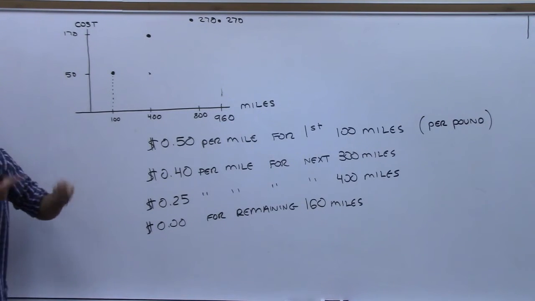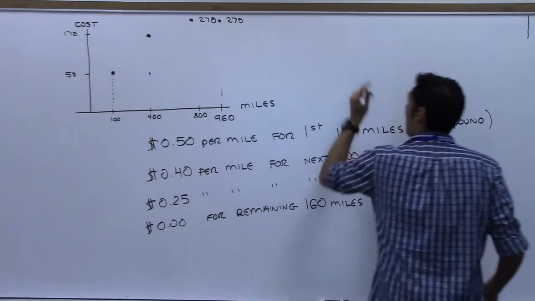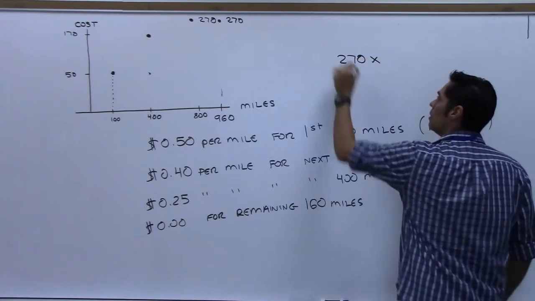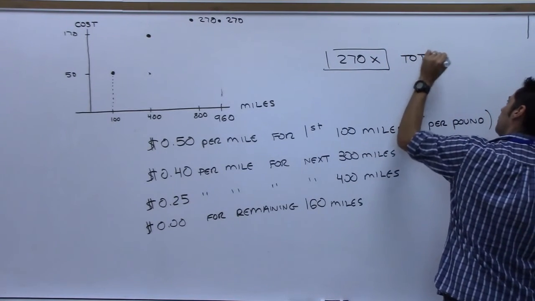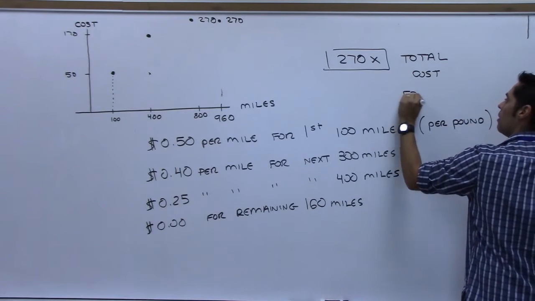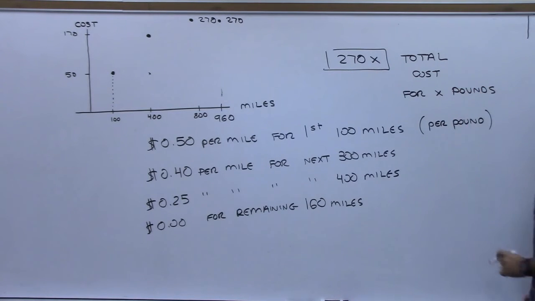So everything just gets multiplied by X. So at the end of the trip, at the end of it all, you should have 270X is the total cost. Do you agree? For X pounds. That's what it would be.